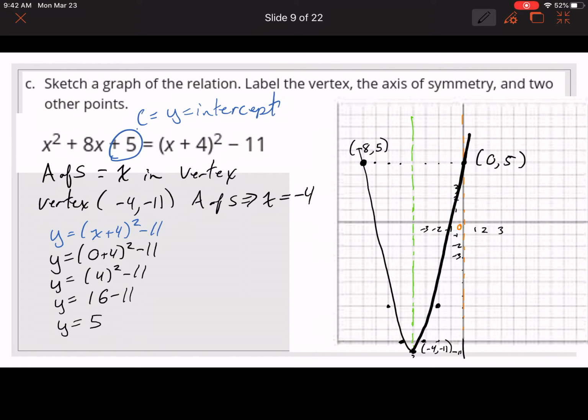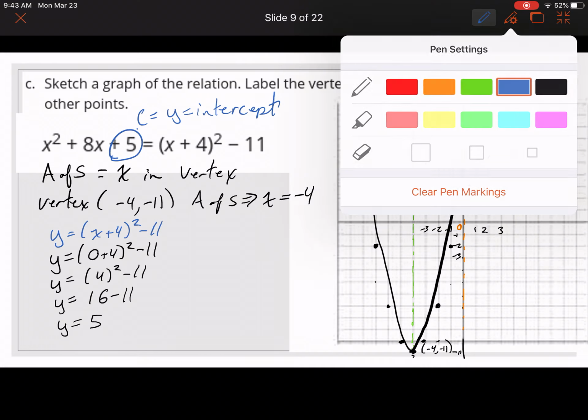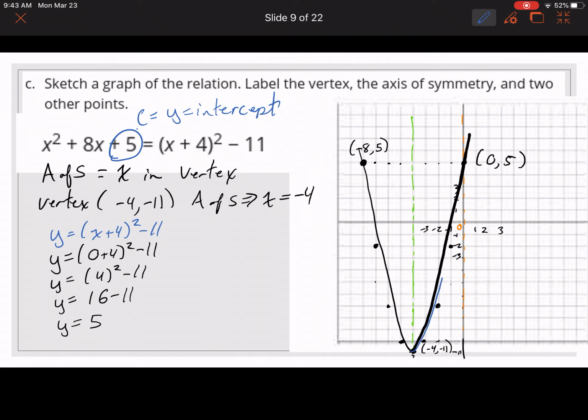Over 1, we're going to go up 5. I didn't draw it exactly right, but not bad for a sketch. Over 1, up 7. So that is a more accurate drawing of our parabola, using the patterns that we've known from past chapters.